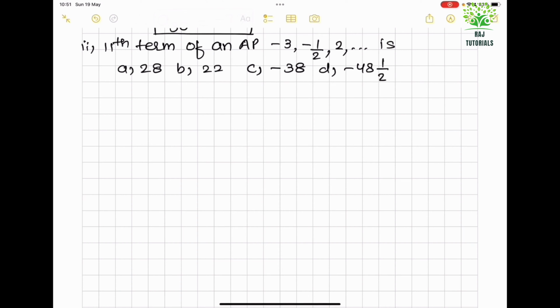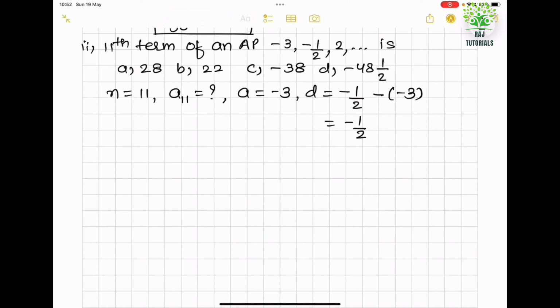So the 11th term means N is 11. A11 I have to find. A is minus 3. D will be minus 1 by 2 minus of minus 3. So it will be minus half plus 3. So doing LCM here, 2, minus 1 plus 6. So 5 by 2.